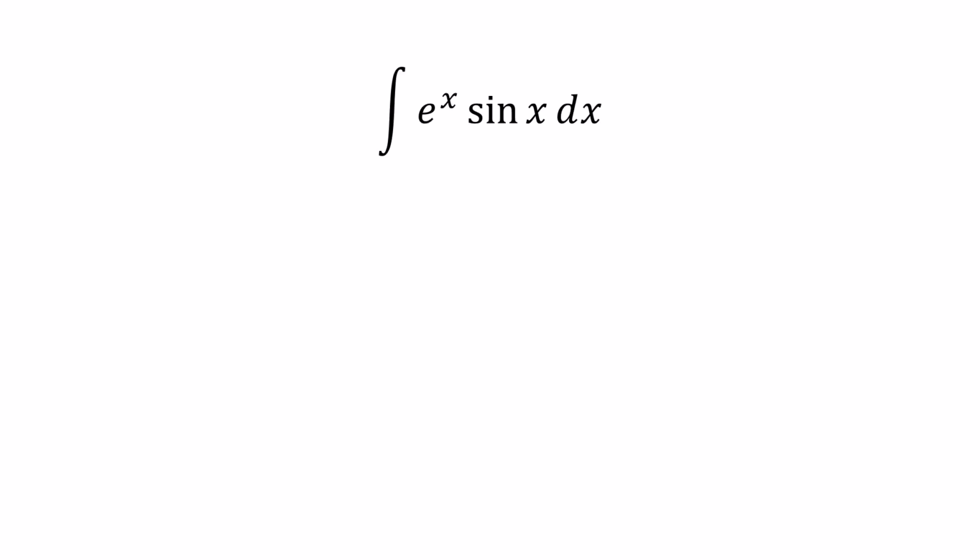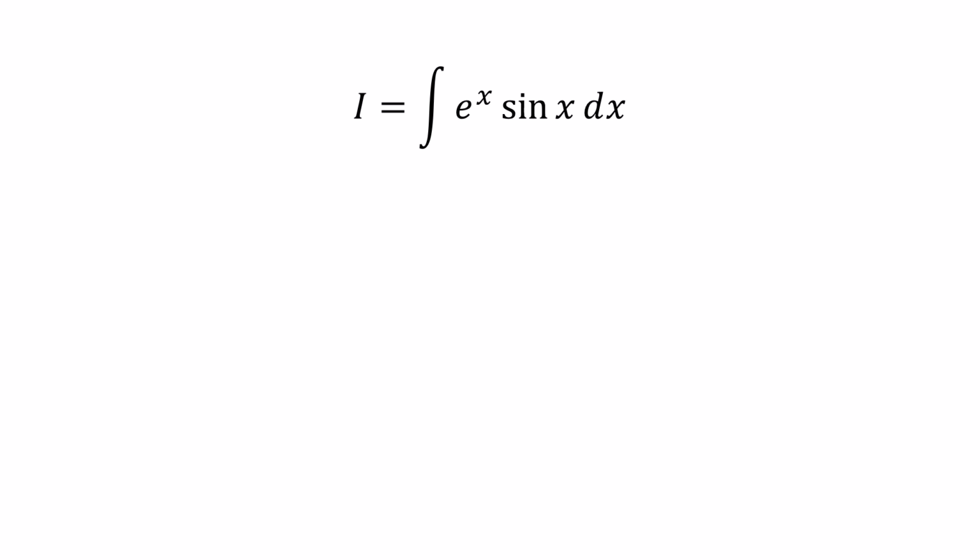We begin by computing the integral of e to the x sine of x dx. We begin by setting I equals the integral of e to the x sine of x dx. Now we integrate by parts.